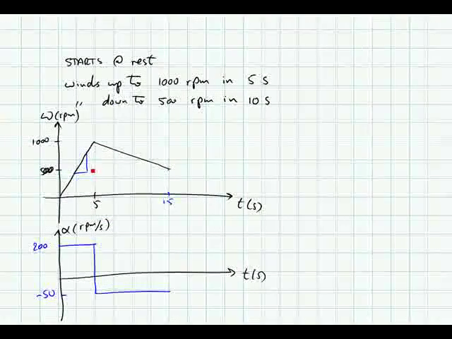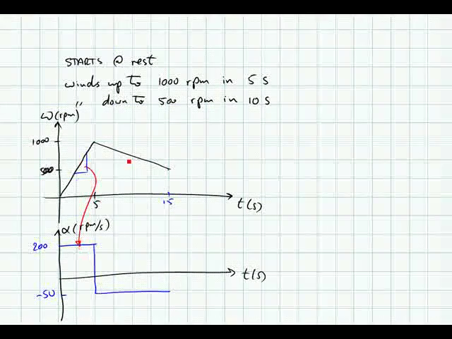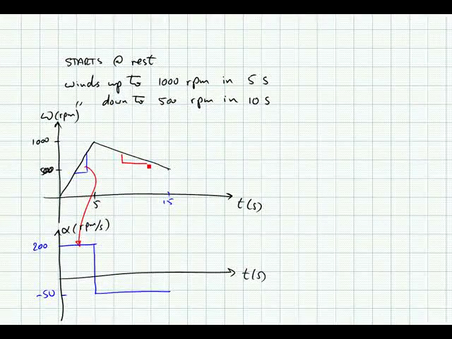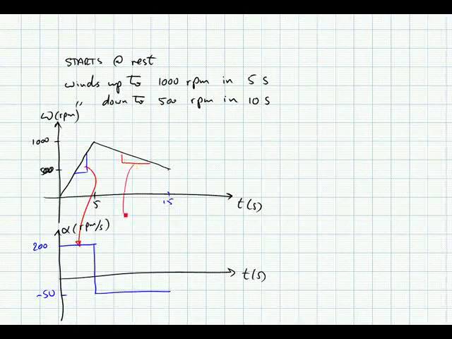So the slope here is 200 RPM per second, and the slope of the line here is negative to start with. The slope is 1000 minus 500, which is 500, over 10 seconds, so that's negative 50.